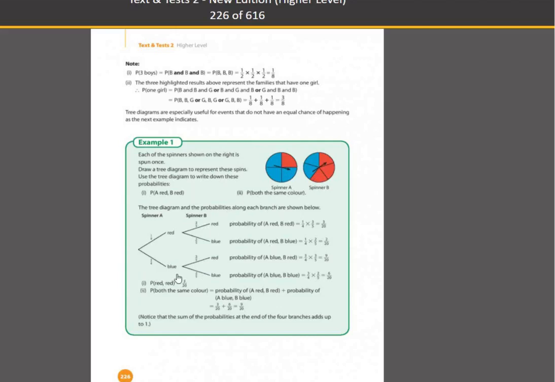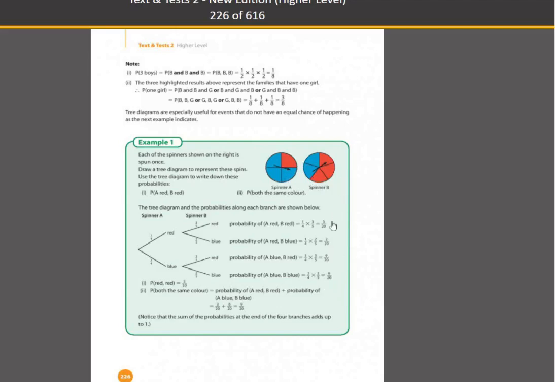Next, you'll have to answer various questions on it. So what is the probability that I spin the 2 spinners and I get a blue and a blue? Well, it is 3/4 multiplied by 2/5. So I have a 6 in 20 chance, or 3 in 10, or 30% chance of spinning these two spinners and getting two blues.